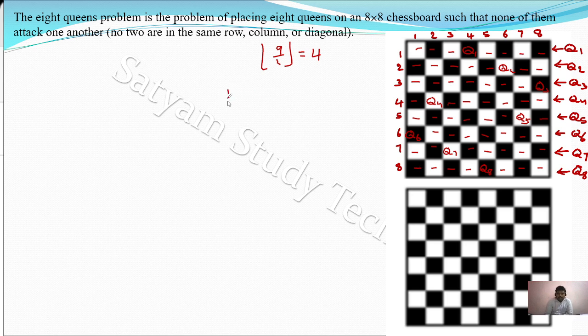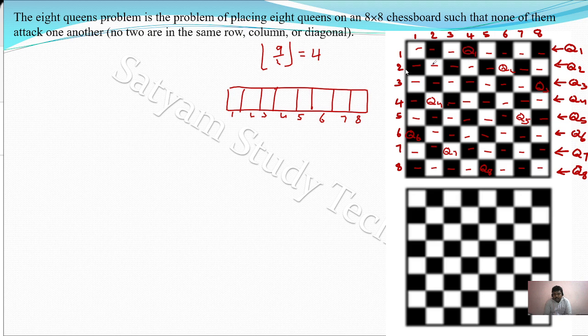Now you can write the column numbers: 1, 2, 3, 4, 5, 6, 7 and 8.